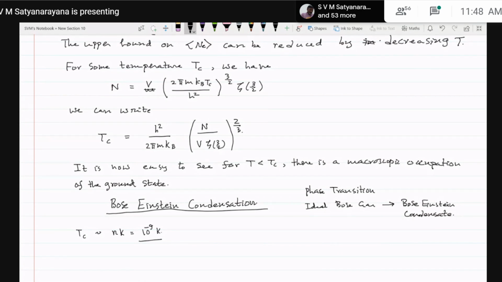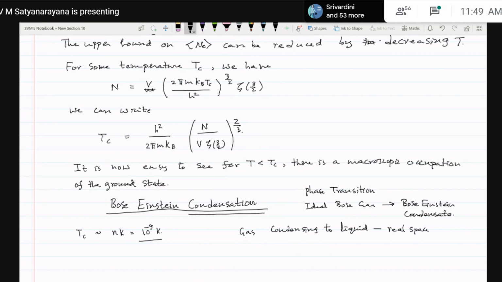Even though the word condensation is used, we have to understand there are important differences. It's not like gas condensing to liquid. Gas condensing to liquid happens in real space.